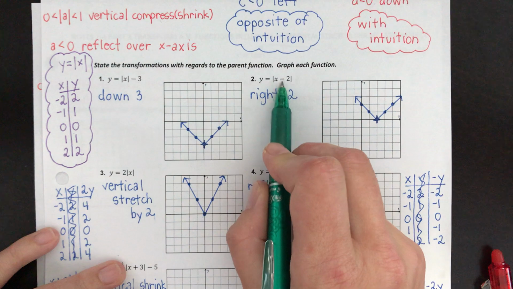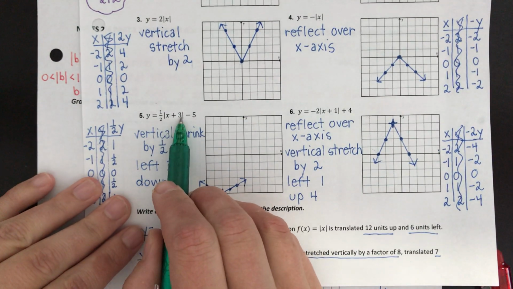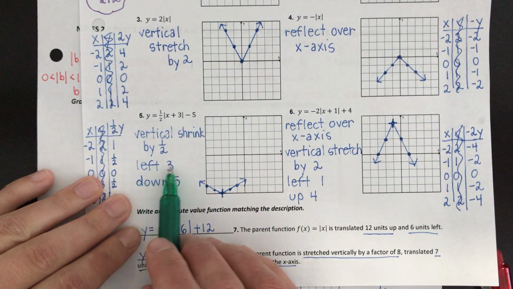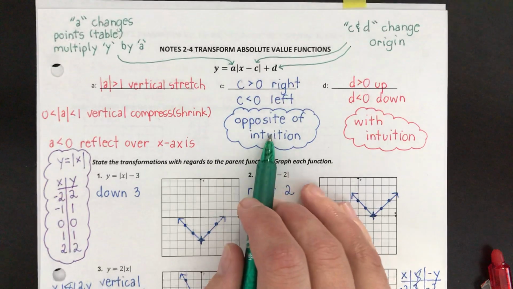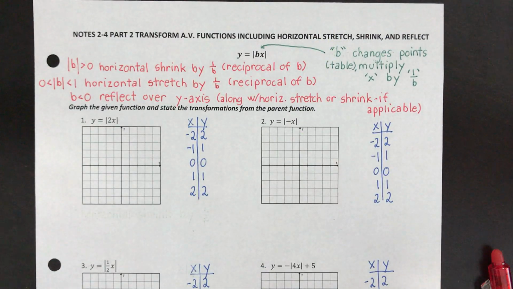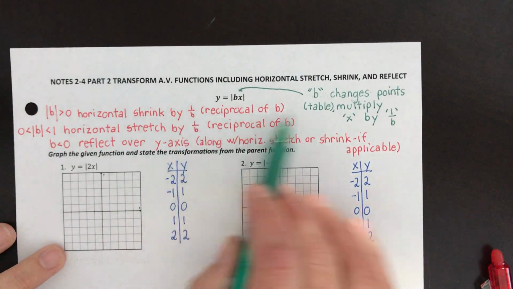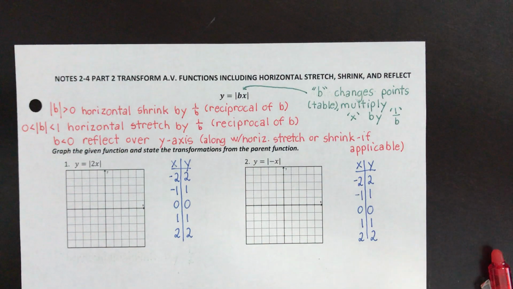And that +3 actually shifted the graph left 3, how that was kind of opposite of intuition. So when you deal with values inside the bars, it does act different than you would think, and hence the 1 over B. And I'll get to that and explain that more in a minute.